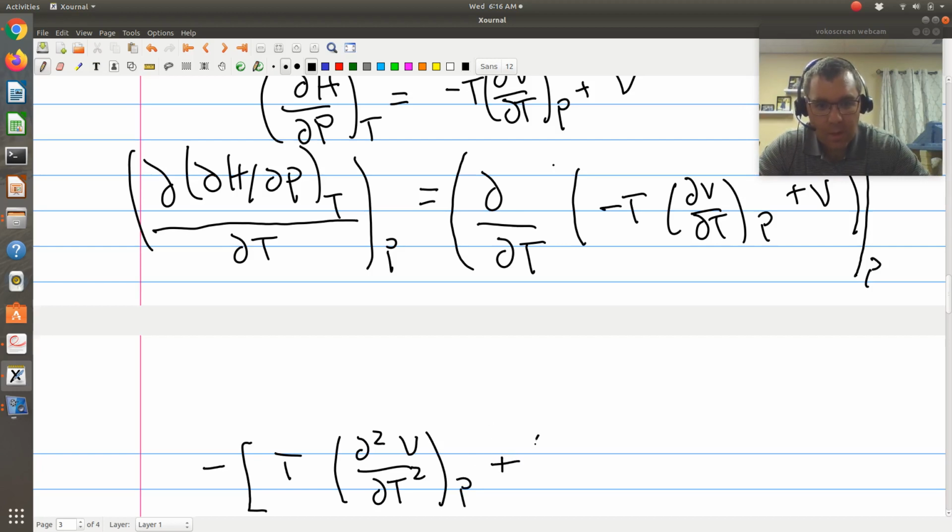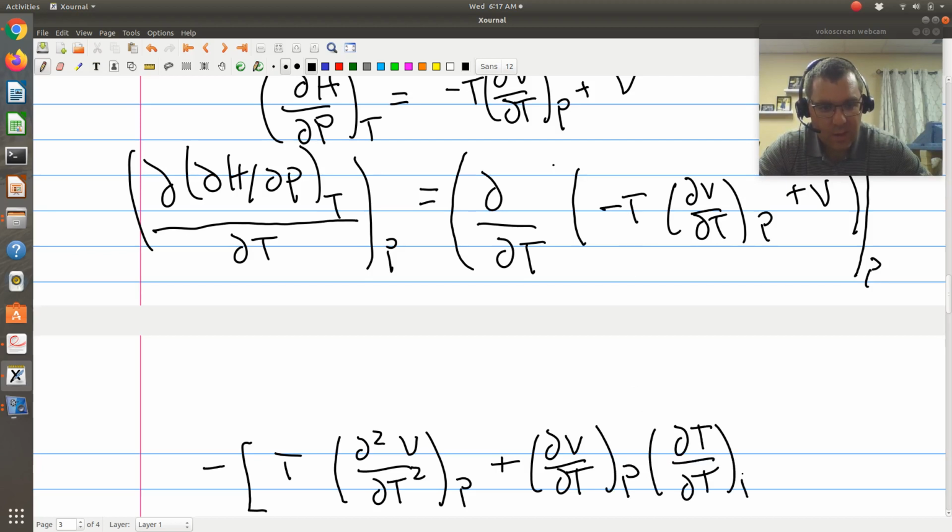Plus dV/dT at constant P times, now I apply the differential operator to this term, dT/dT at constant P. I'll put that in brackets because all I did is bring out the negative sign.